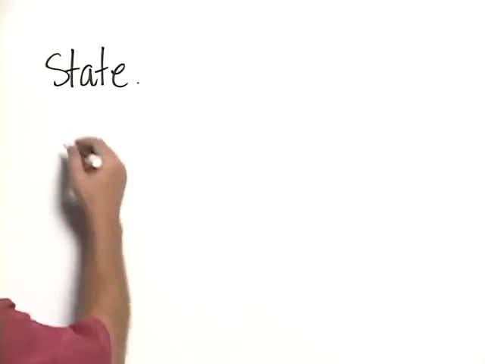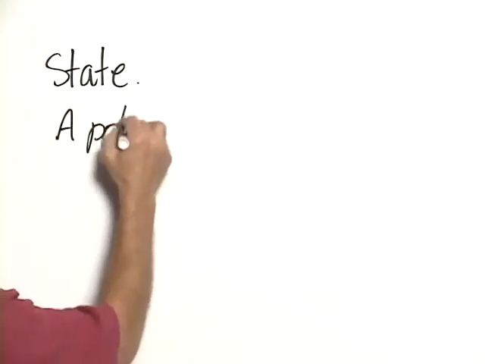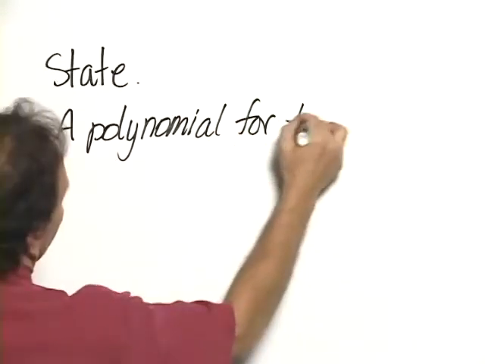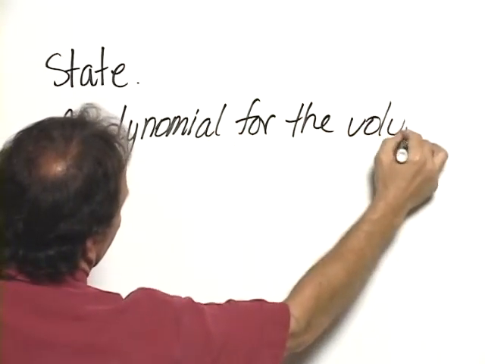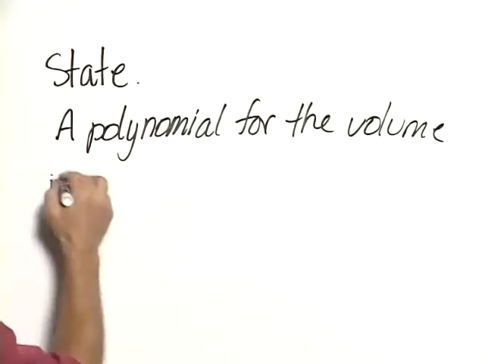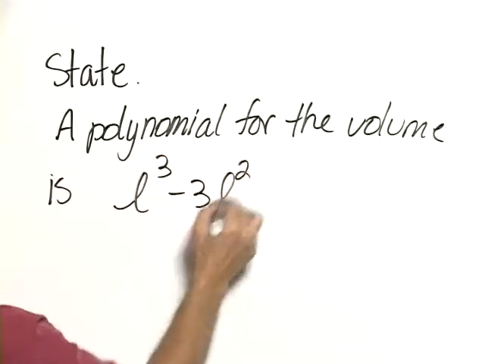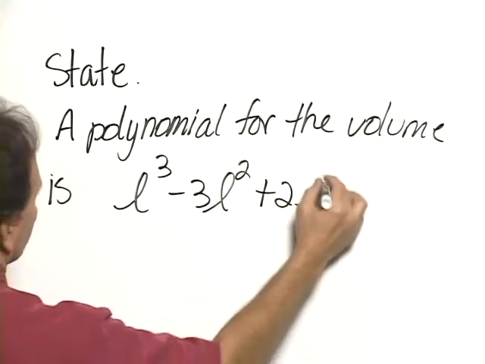The 5th step in the process is to state the answer. So let's do that now. A polynomial for the volume is L cubed minus 3L squared plus 2L.